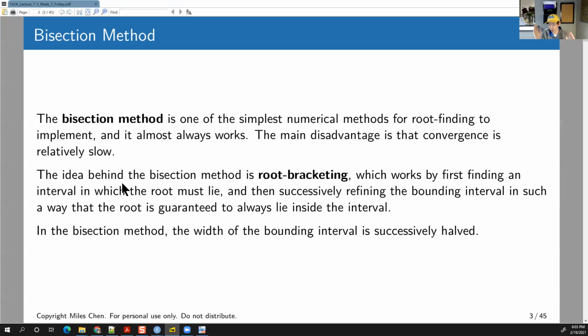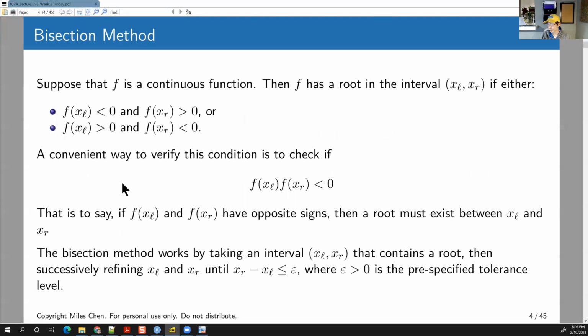So we bracket the root, and we iteratively shrink that interval in half, knowing that the root must lie somewhere inside the interval.